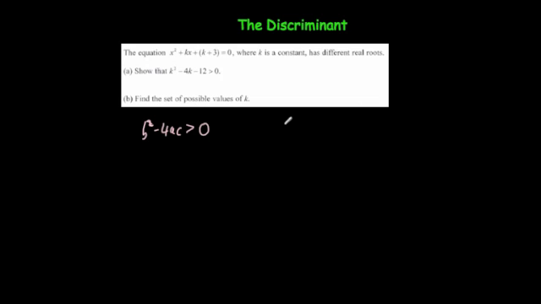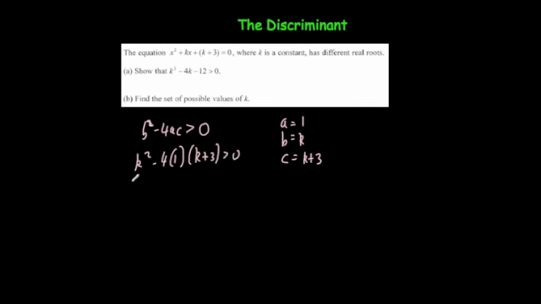So let's work out what the discriminant would be. a is equal to 1, b is equal to k, and c is equal to k plus 3. Let's substitute those in. So b squared is equal to k squared, subtract 4 times 1 times k plus 3, and that is bigger than 0.